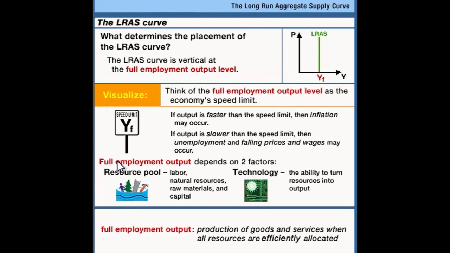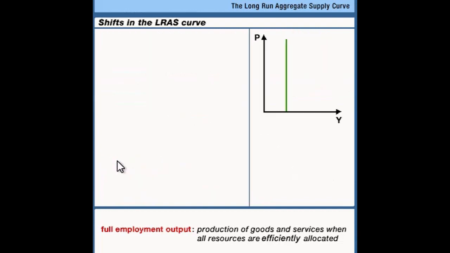So let's go ahead then and draw our curve to represent the long-run aggregate supply curve. And here it is. It's a vertical curve, and I label it LRAS for long-run aggregate supply, and I'll call this 0 because this is my original one.